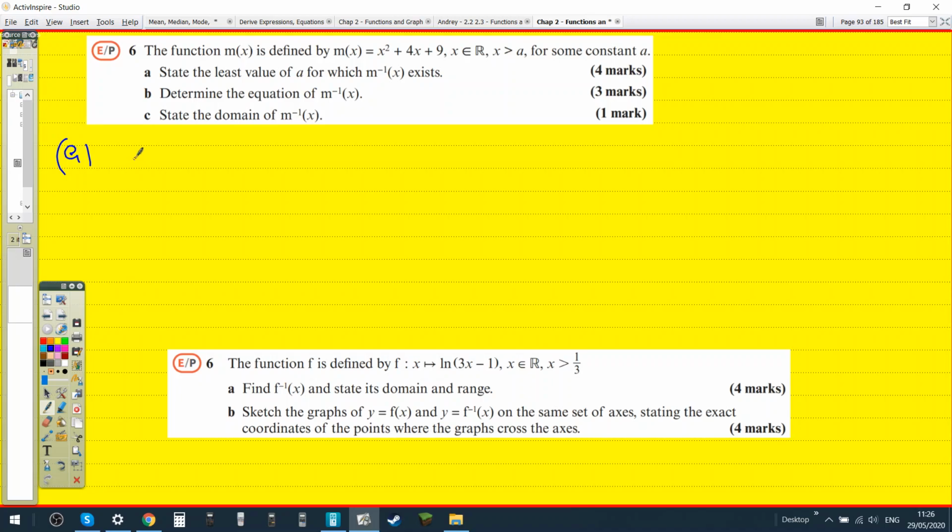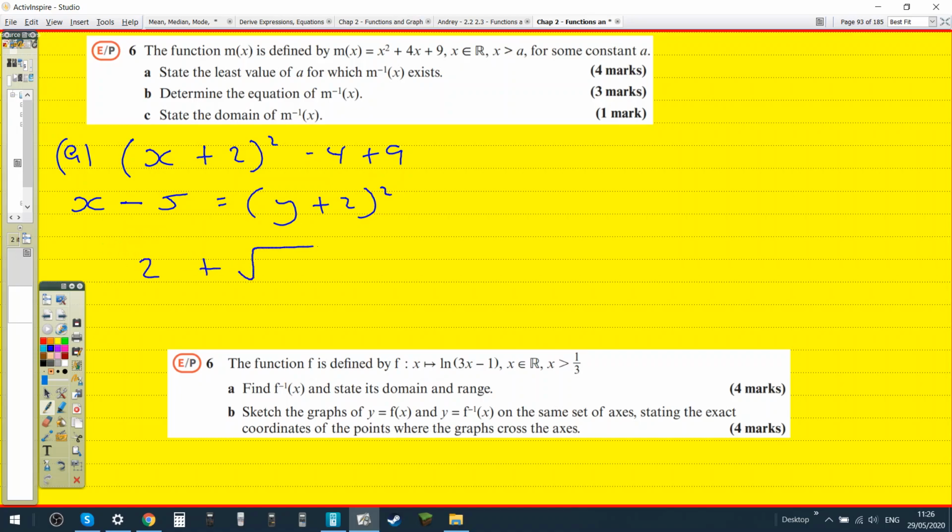And what method would you use? Completing the square. Yeah. Okay. So I got 2 plus root x minus 5.